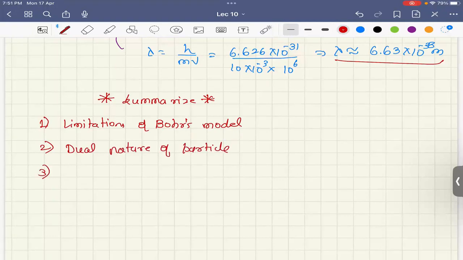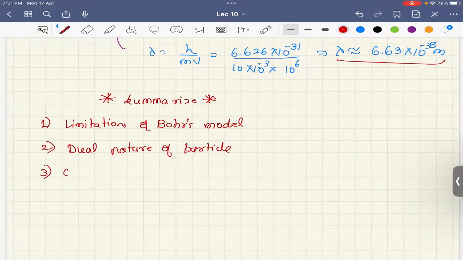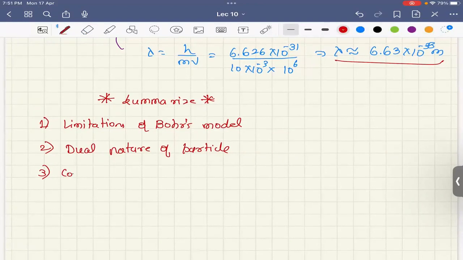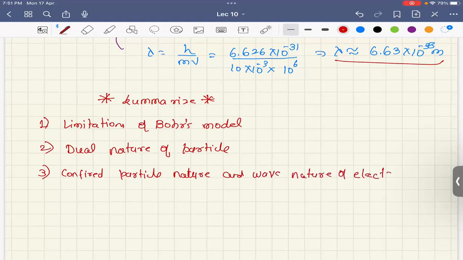In this, we have confirmed the particle nature and wave nature of electron using the Davisson and Germer experiment, right?